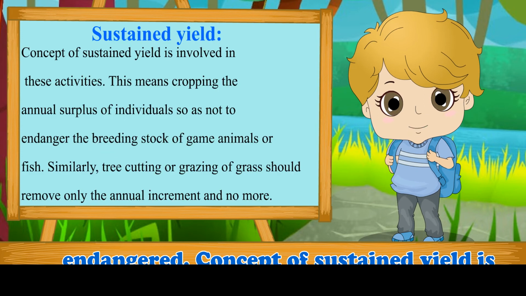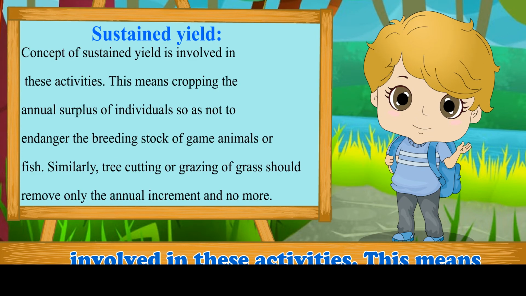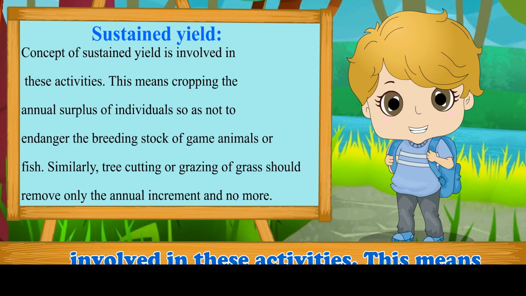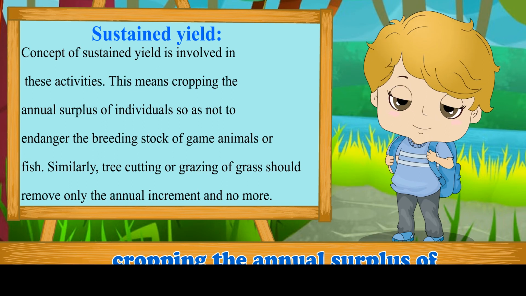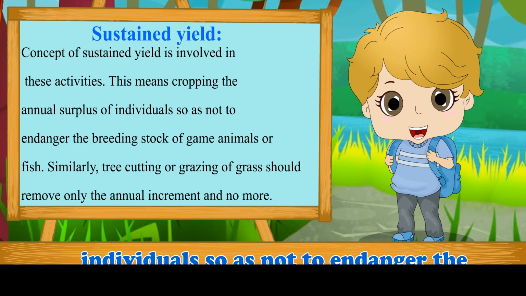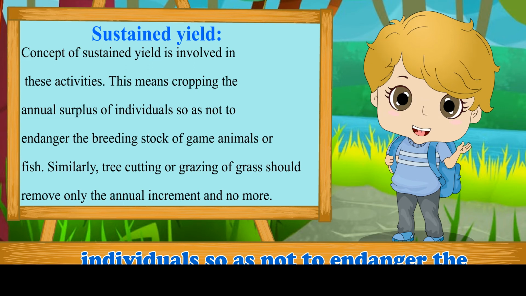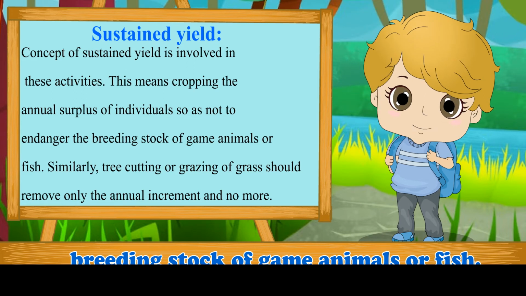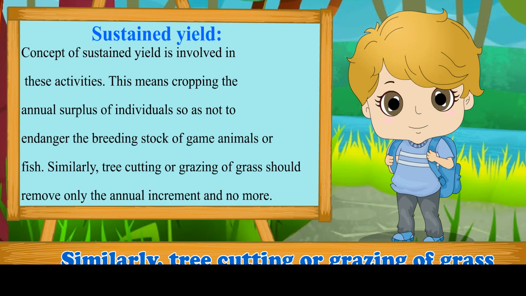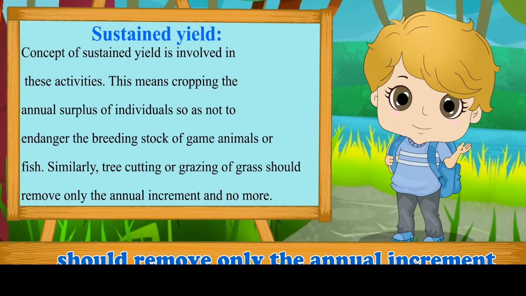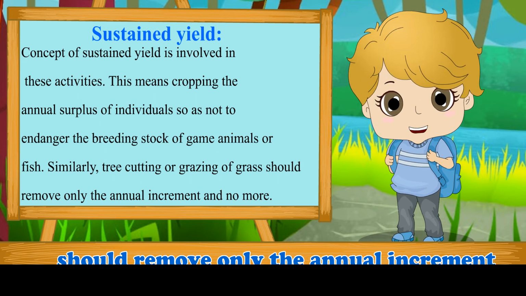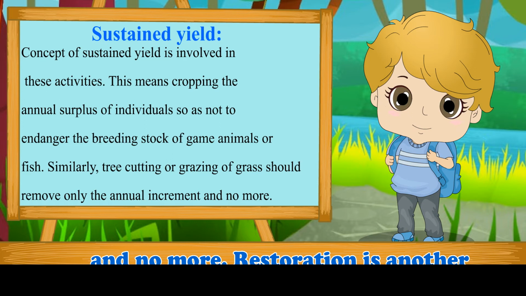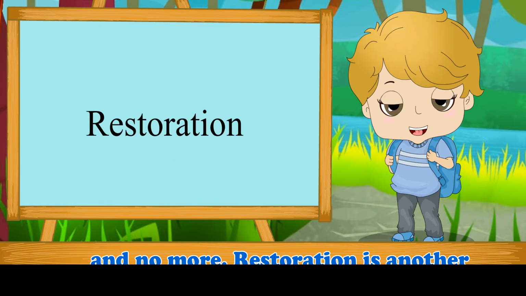Sustained yield. The concept of sustained yield is involved in these activities. This means cropping the annual surplus of individuals so as not to endanger the breeding stock of game animals or fish. Similarly, tree cutting or grazing of grass should remove only the annual increment and no more.